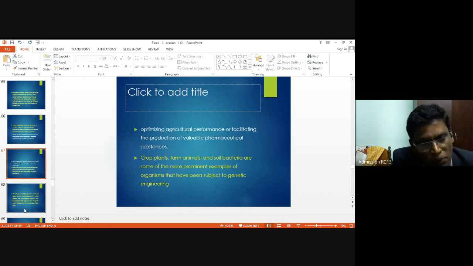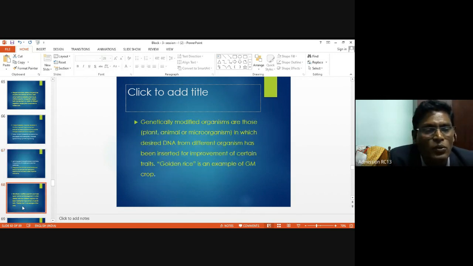That is not only achievable in plants but also in farm animals, for meat production, egg production or milk production. Where we use the modified gene, we can get more quantity. In order to achieve more profit from the crop or the animals, we expect this from a particular source. Soil bacteria are also a prominent example.